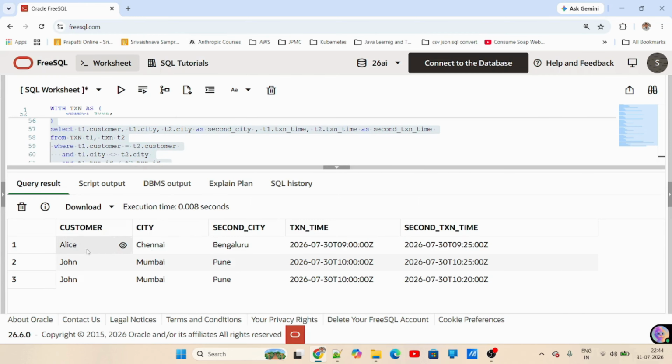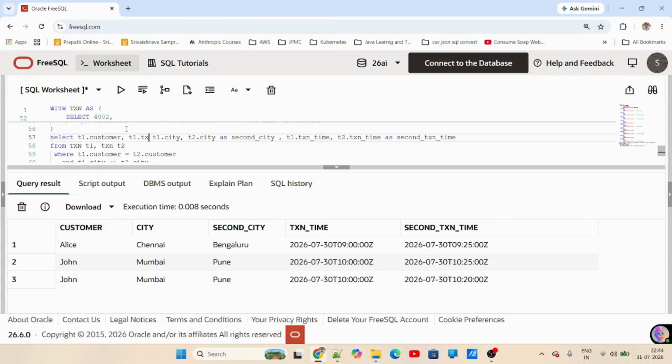Here, as you can see, here we can clearly see Alice, right? City is Chennai, second city is Bangalore. So different cities. And what is the transaction time? The second transaction happened at 9:25, the first at 9. So it is within 30 minutes. So this is the fraud transaction. I just need to add the transaction ID as well.